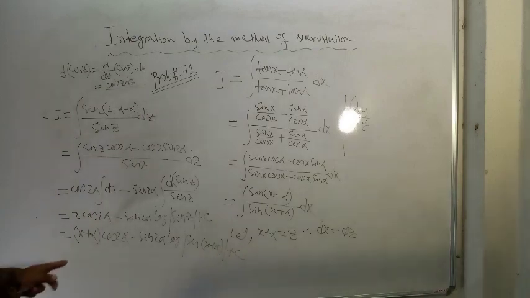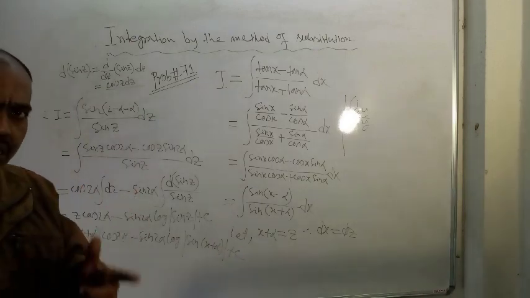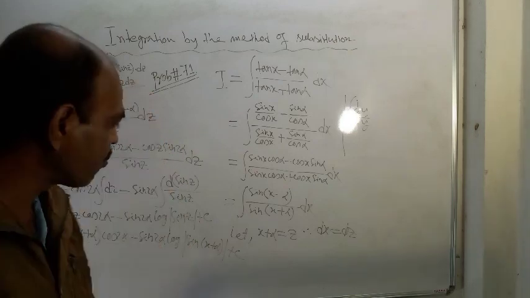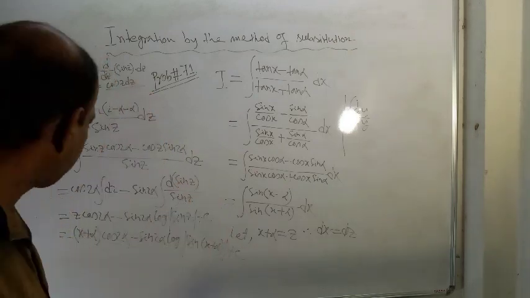Now this alpha into cos 2 alpha is a constant quantity, and plus c makes another constant, say that constant is equal to c1.